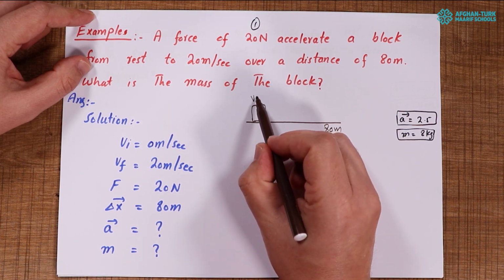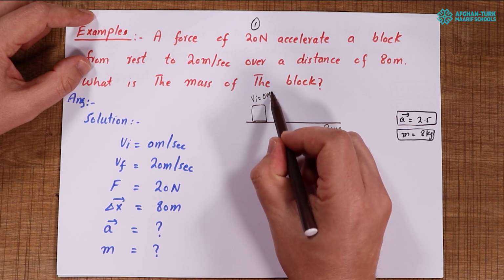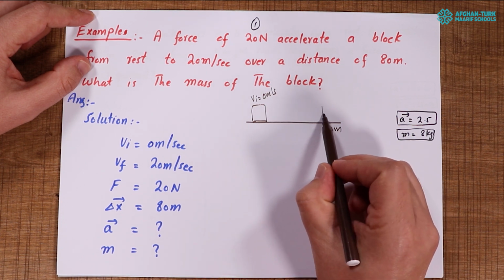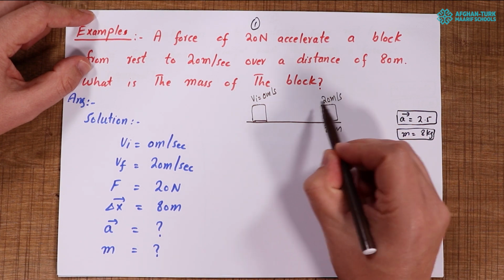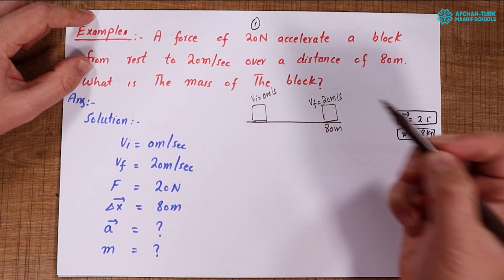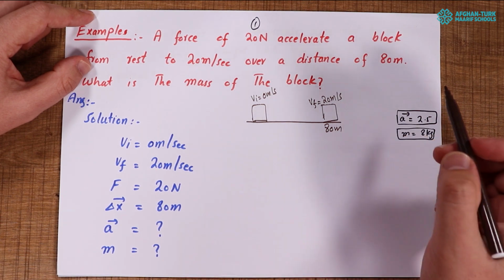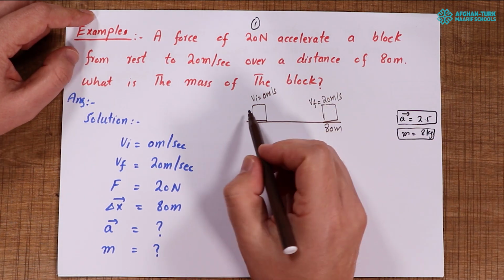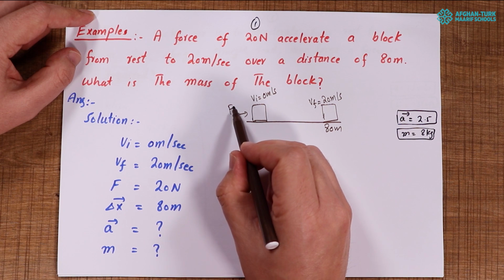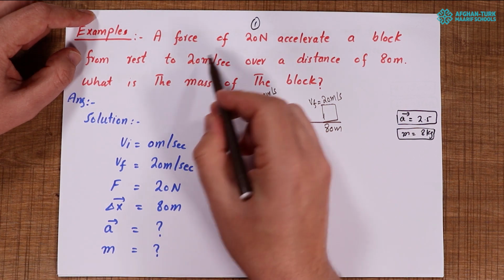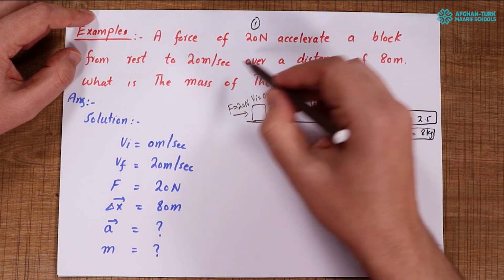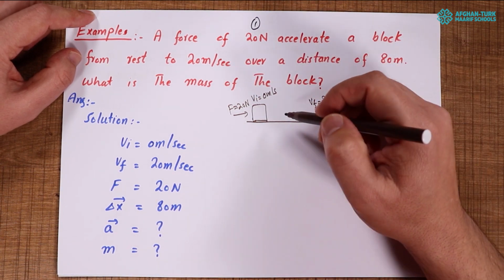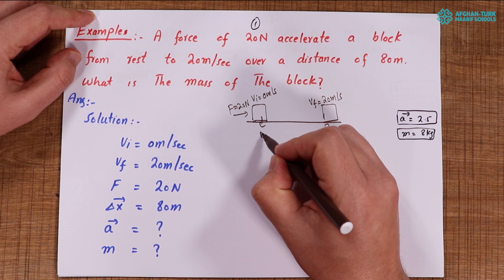At the beginning, its initial velocity is equal to 0, but when the velocity reached 20 meter per second, Vf is equal to 20. The force applied on this object is 20 Newton. So this is the summary or diagrammatical form of this problem. They ask what is the mass of this block?